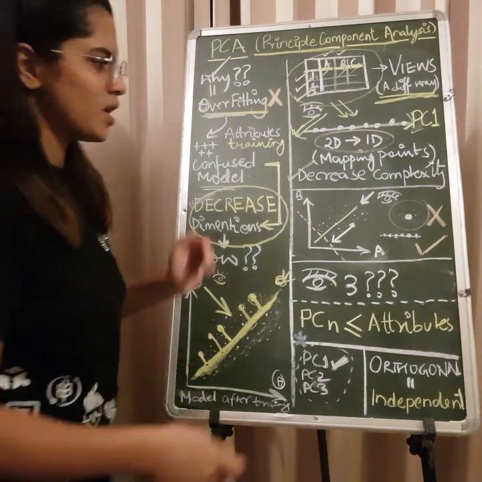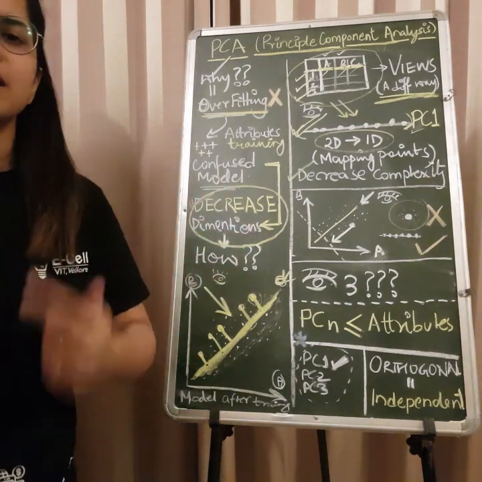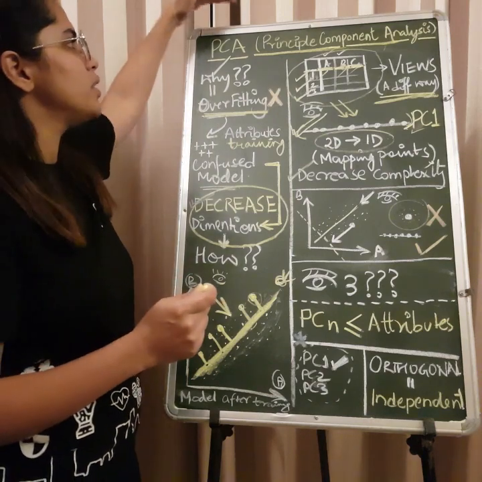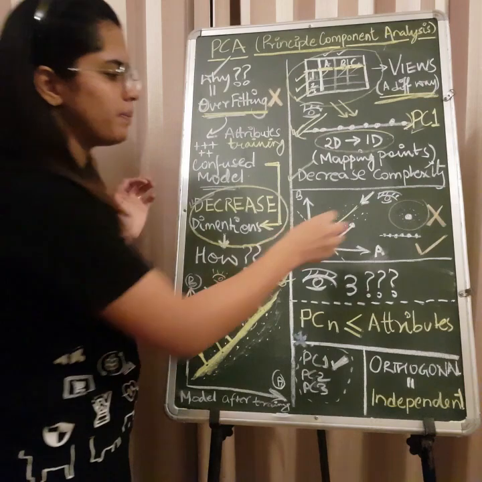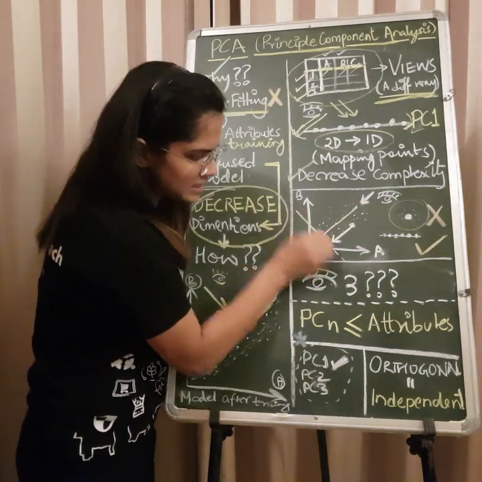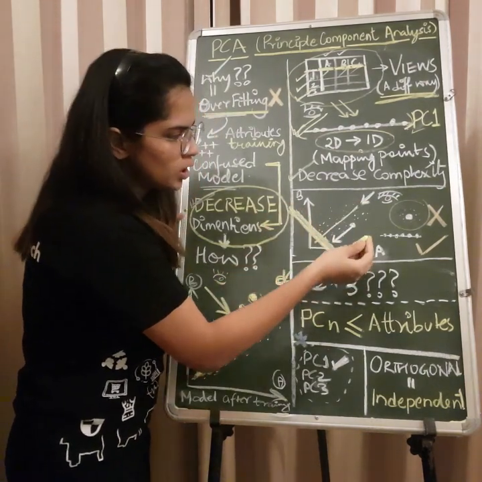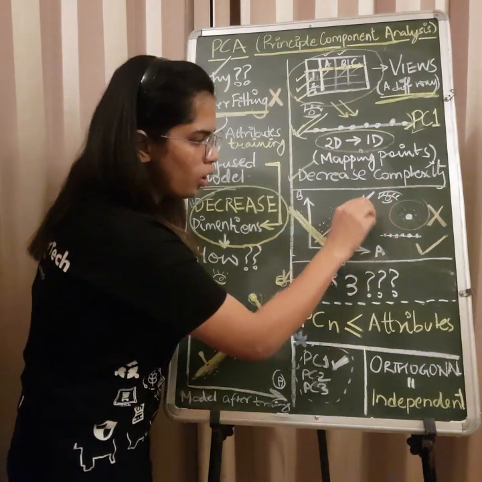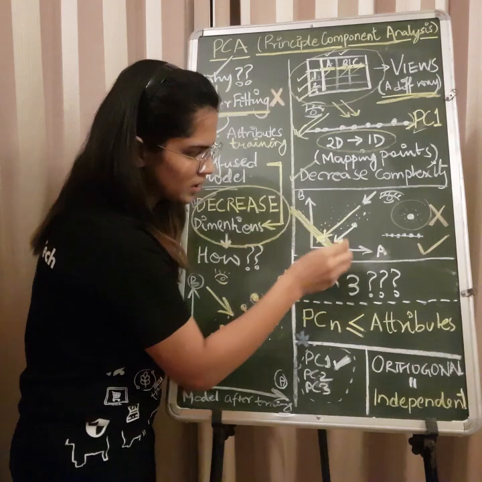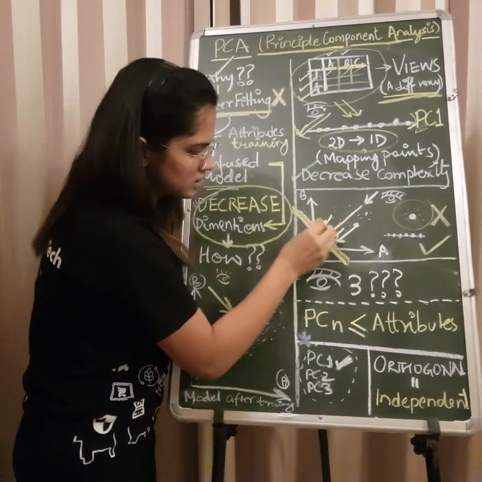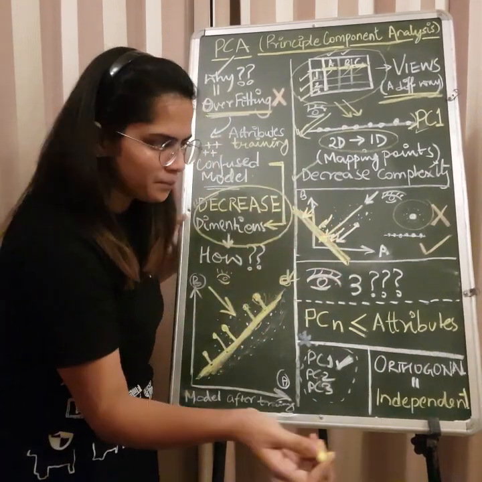Don't get offended. What you will be viewing when you're thinking of a principal component analysis is a line which is perpendicular to this. Let's consider this plane. In this manner, this entire set of points gets mapped to this location, and all these points again get mapped onto this line.